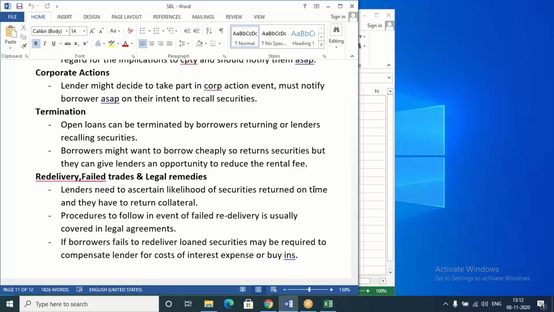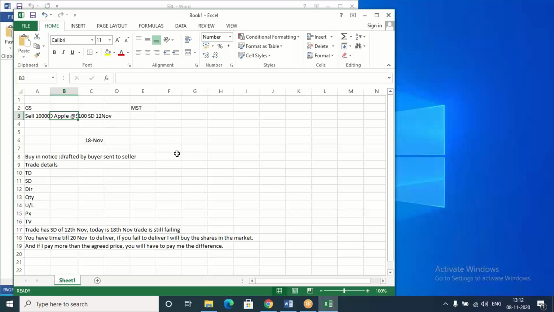I made a deal to sell the Apple shares to him on a specific date. Let's say on 12th of November. Now, I've already loaned the Apple shares to you, and I've recalled it, let's say, on the 11th of November because I want to deliver the Apple shares on 12th of November to Vatsal.